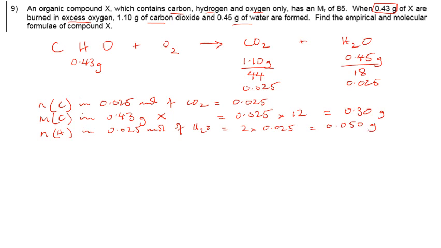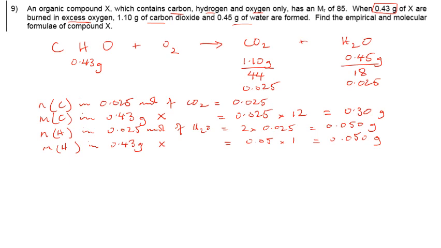And in the same way as we did for carbon, we're going to work out the mass of hydrogen in compound X, 0.43 grams of X, using the same formula, but the Ar is 1. So it's going to be our 0.05 moles times our Ar of 1 equals 0.05 grams. Okay, so what we know now is that this 0.43 grams of our compound X contains 0.3 grams of carbon, 0.05 grams of hydrogen, and the rest must be oxygen.